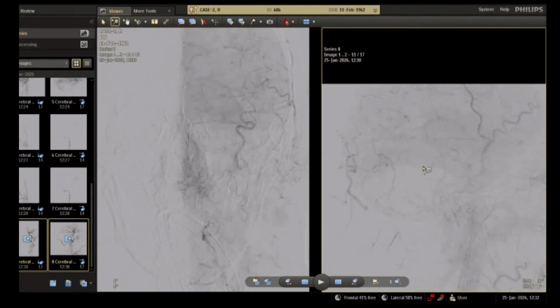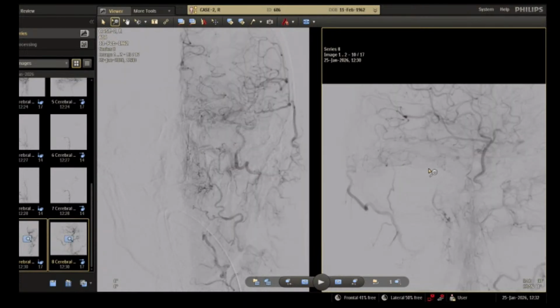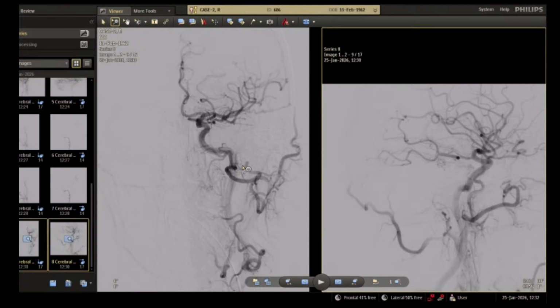Let's see the rest of the angiography. Plan B is microsurgery and clip the draining vein. That's also a possible option.